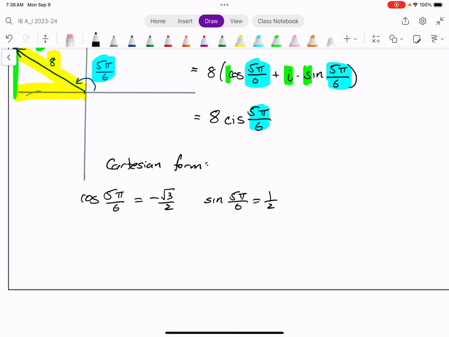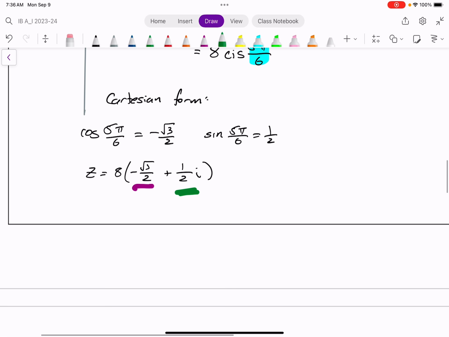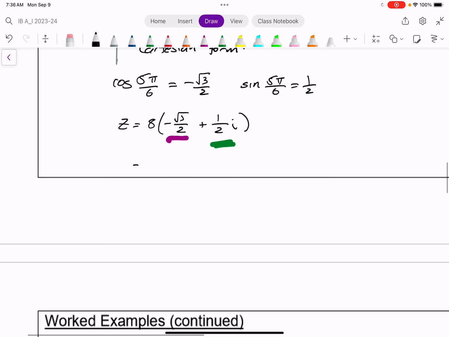And so in Cartesian form, we have z equaling 8 times minus root 3 over 2 plus 1/2 i. Really just taking what I had right here, putting that right there, and what I have right here, and putting that right there. If you want, since distributing the 8 is quite pleasant here, if you distribute the 8, you get negative 4 root 3 plus 4i.